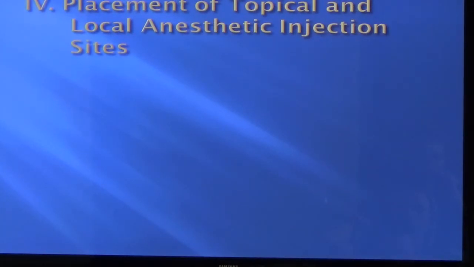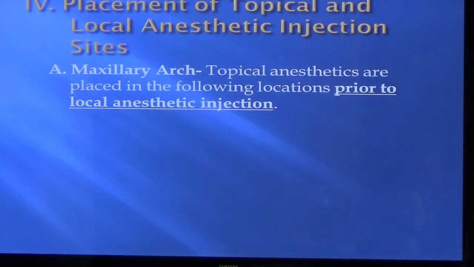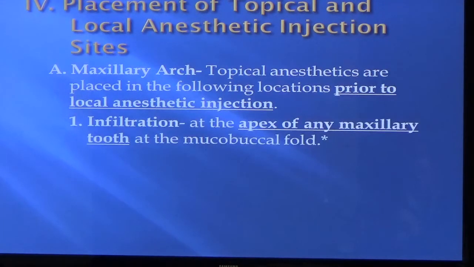Placement of topical and local anesthetic injection sites. These you need to know. On the top, the maxillary arch, topical anesthetics are placed in the following locations prior to the local anesthetic injection. On the top, we can do something that's called infiltration. The maxillary bone, the upper bone, is very porous.